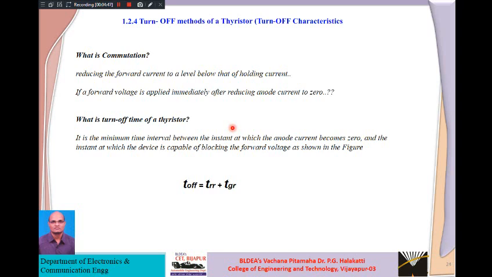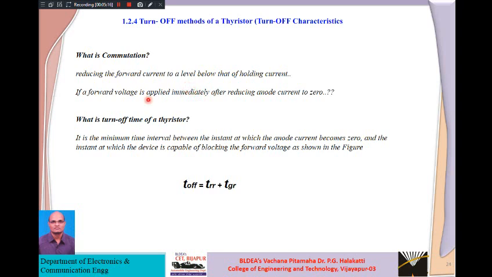We can turn it off only when the forward current drops well below the holding current. This process of bringing down the forward current to a level below the holding current is known as commutation. So the process of turning off a thyristor by reducing its forward current below the holding current is known as the commutation process.